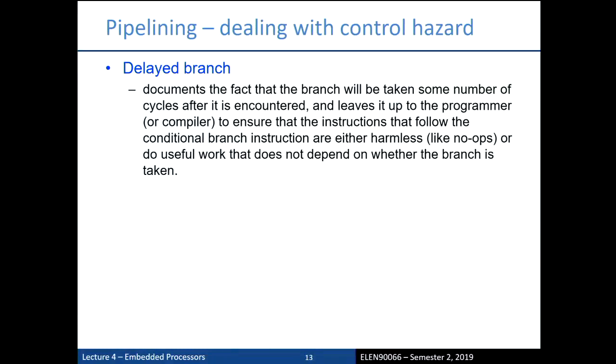Okay, well, a branch may happen in 5 or 4 cycles in the pipeline. And once again, it leaves it up to the programmer. This is stuff that we normally don't have to consider in general purpose computing, but for embedded systems where timing is crucial, ensure that the instructions following the conditional branch instruction are either harmless, like no ops.